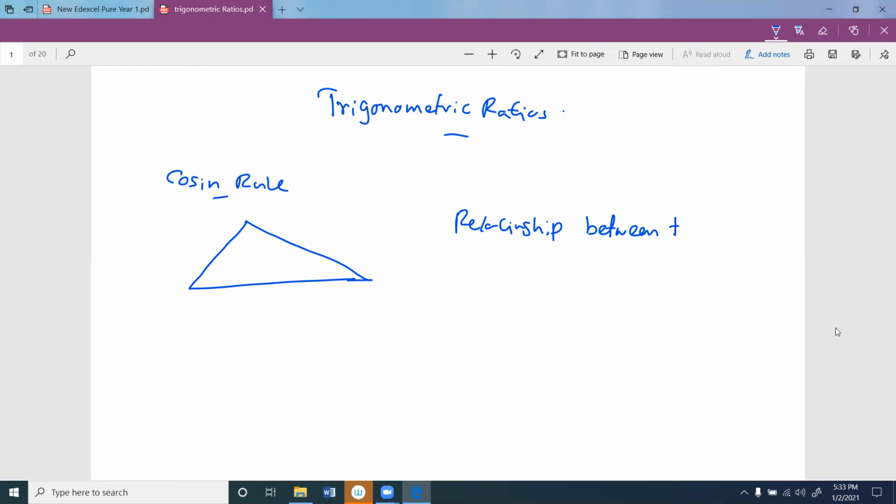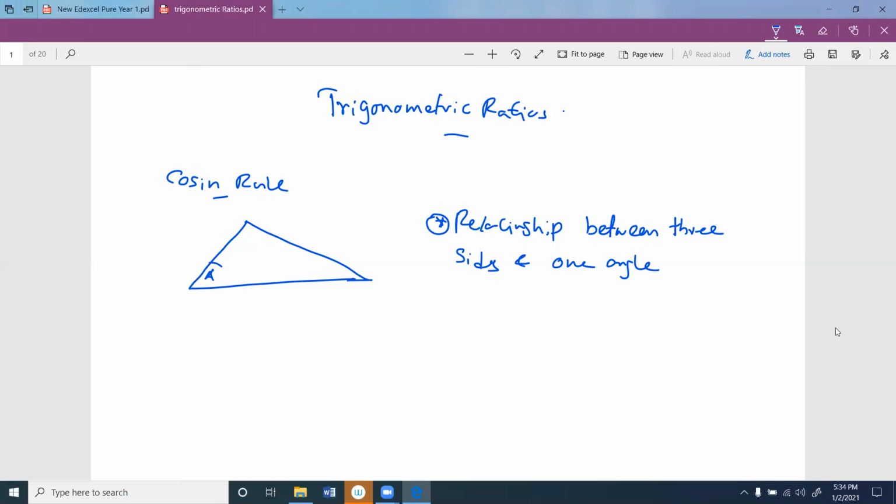When you refer to the sine rule, it's a relationship between two sides and two angles. From there, you can understand whether to apply the cosine rule or the sine rule, right? Okay.